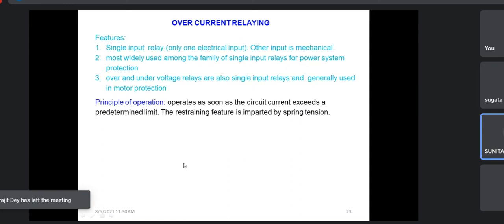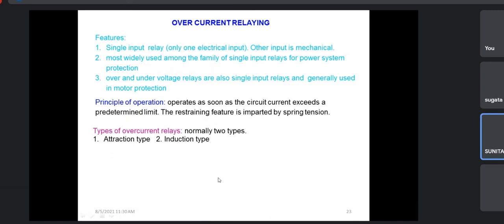Principle of operation, as I have told: if current exceeds a predetermined value, then it will trip. And the restraining feature is provided by a spring. Now, overcurrent relays are normally of two types: attraction type overcurrent relay and induction type overcurrent relay.